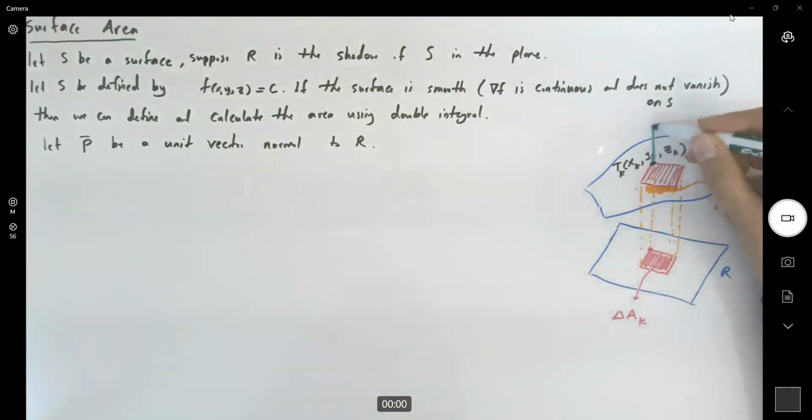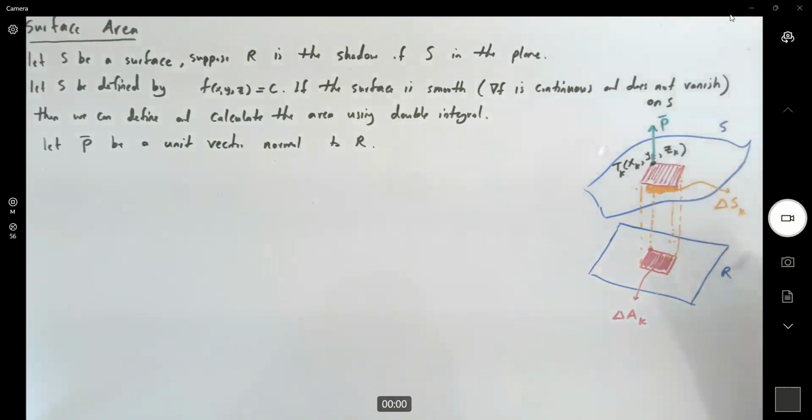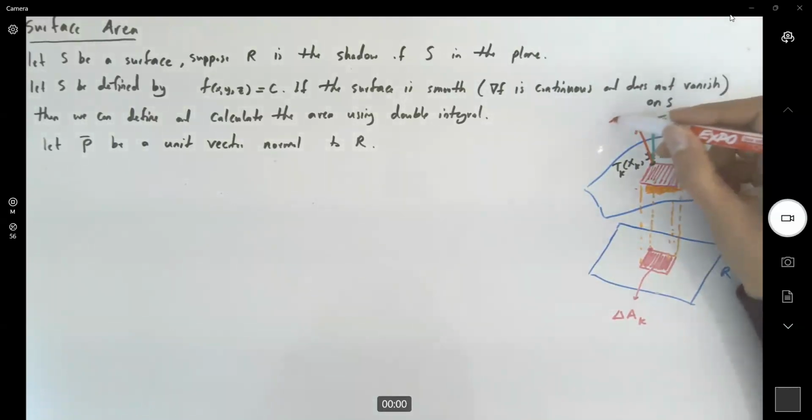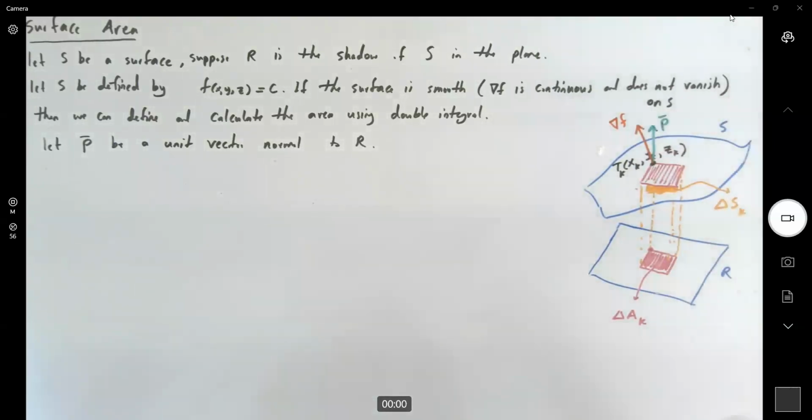Suppose you have your unit vector P at any point. And for your gradient vector, you have the gradient of your function f. We're going to use these vectors and eventually define the area using them.